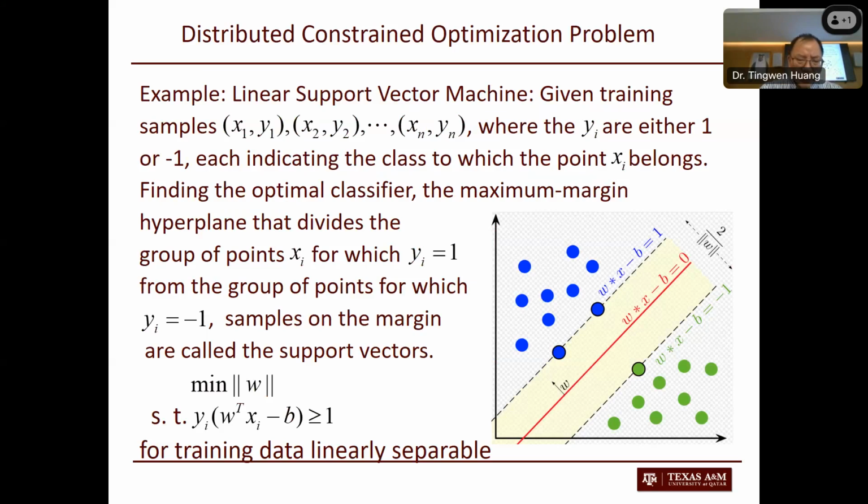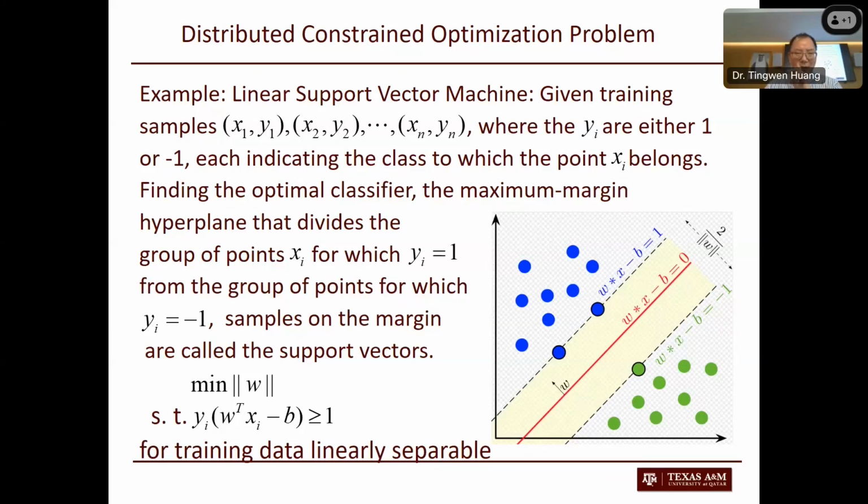Samples on the margin are the support vectors. Minimize the norm of w under the condition yi times (w^T xi minus b) bigger than or equal to 1 for training data that is linearly separable.